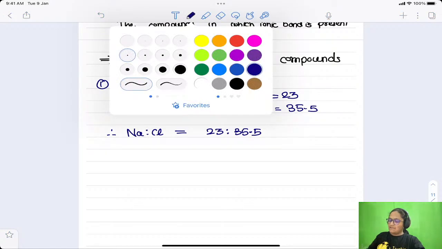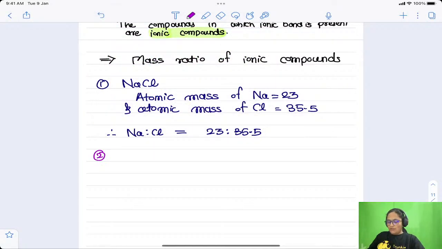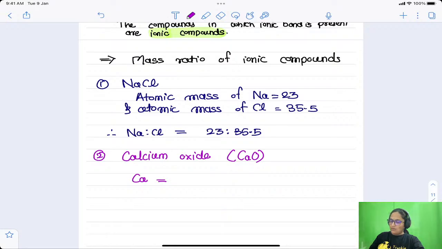Okay, the second example is calcium oxide. The calcium oxide formula is CaO. Now atomic mass for calcium, I'll write down only Ca now, I will not repeat the word atomic mass again and again, is 40 units, and oxygen is 16 units.